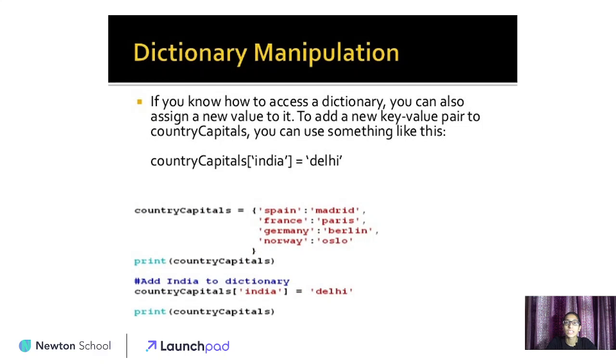Now, what is dictionary manipulation? If you know how to access a dictionary, you can easily assign a new value to it. To add a new key-value pair to country capitals or country states, you use square brackets on the dictionary. You define the dictionary in a particular instance, then declare it.